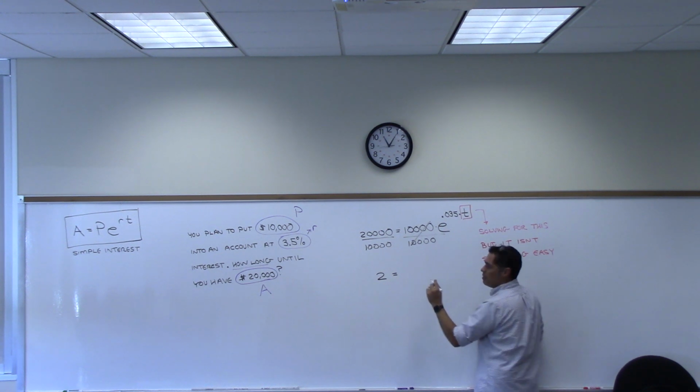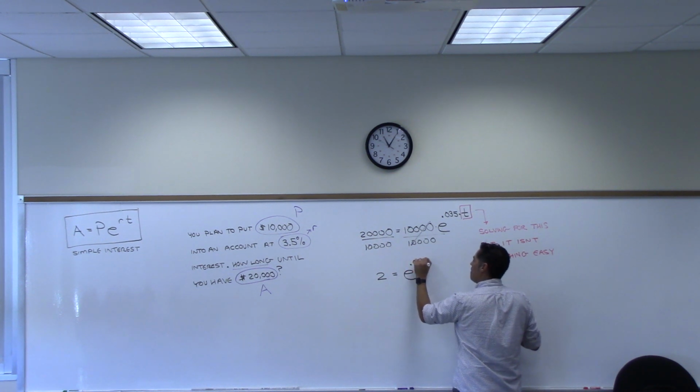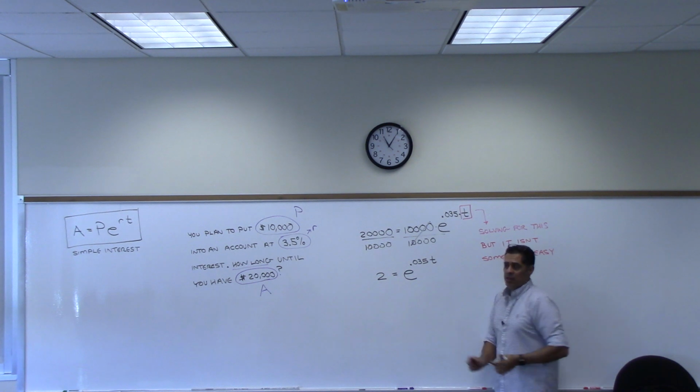You just get 2. The zeros go away. And then on this side you have e to the 0.035t. That step we could do.